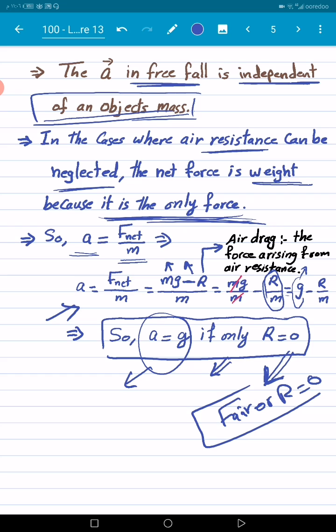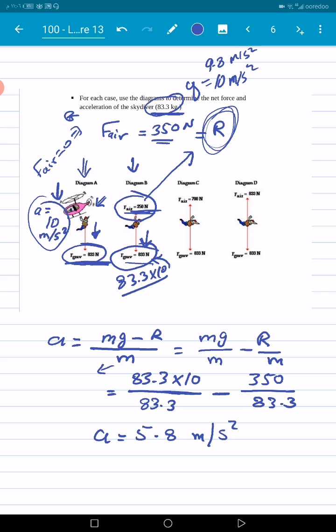If it has a value, we find it, as we are doing now, in the second problem, in diagram C. Just apply the information. So here, in number 2, the acceleration A is equal to 5.8 meter per second square.